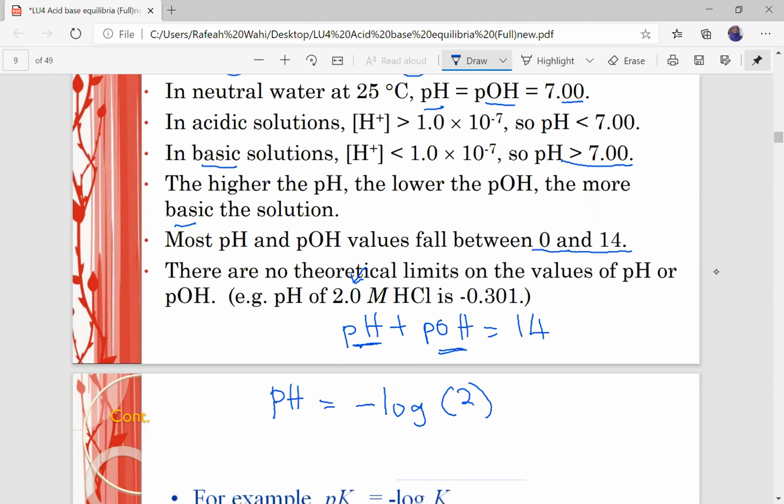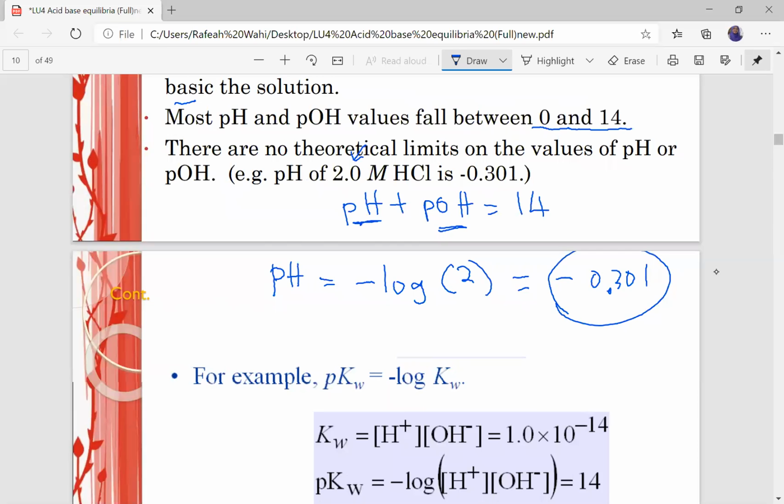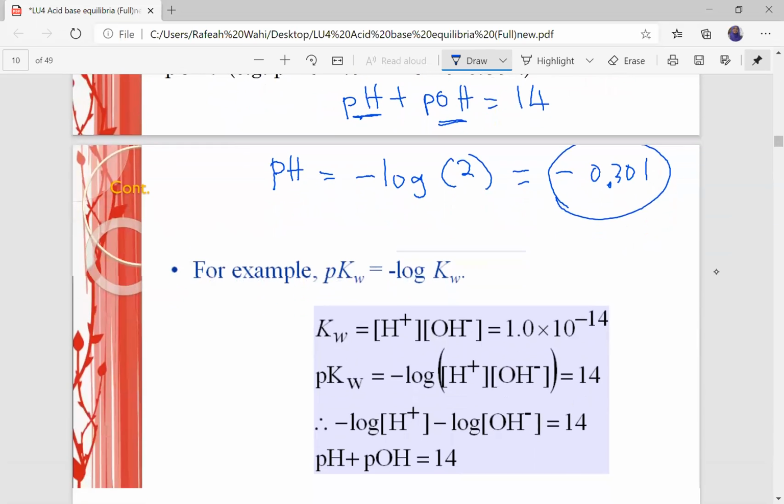So you're going to have the answer, which is negative 0.301. In normal cases, we don't have this kind of negative pH, but if we use a pH meter, we can detect the negative pH. Later on we'll talk about the pH meter.